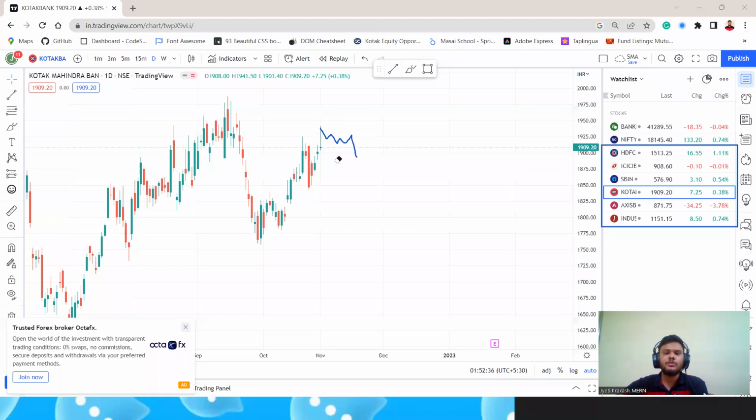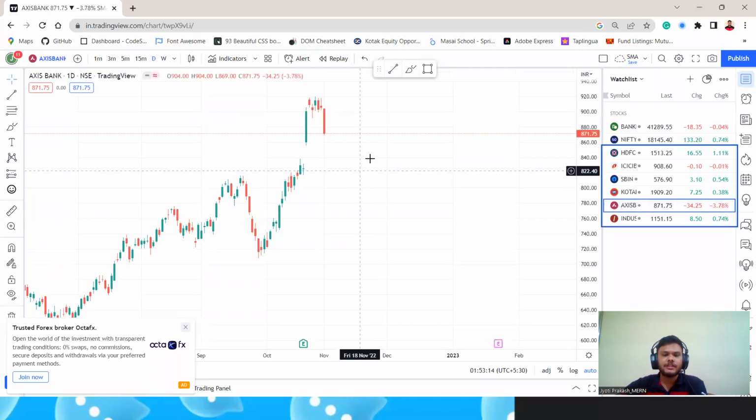If tomorrow it continues to go down, by opening flat or gap down, and it closes below 1905, or if it opens gap down below 1900, then you're going to take it for selling, and you can set a target to 1890 first, and the second target will be 1883. But for any buying scenario, it needs to close above 1925. After that, you can take the trade for buying, and your target will be 1940 first. And the second target you can set to 1950.